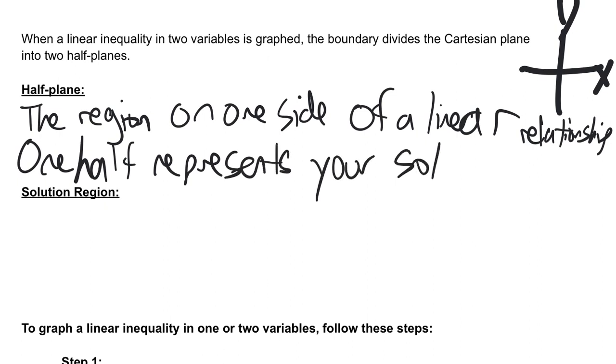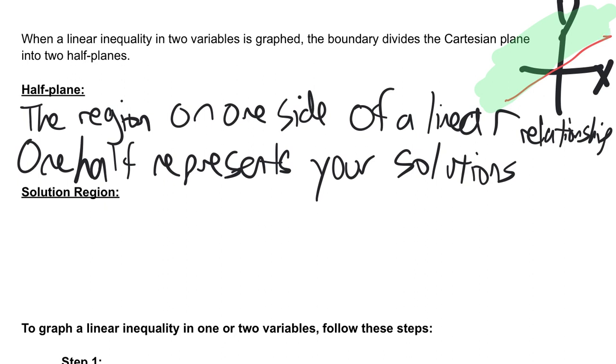So if we think about our classic graph, we've got our Cartesian plane up here. Normally we'd think of our graph as being, oh, here's our line, those are our solutions, right? For every x, there's one y. But in an inequality, we could have many possible solutions. So the idea is that a half plane is that half, right? It's always going to be cut in half.